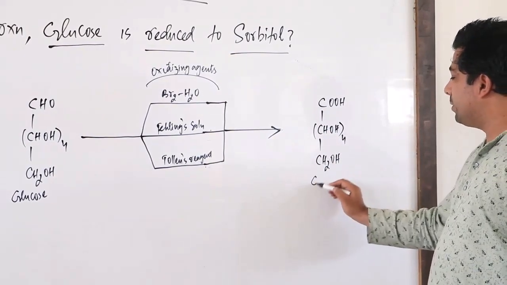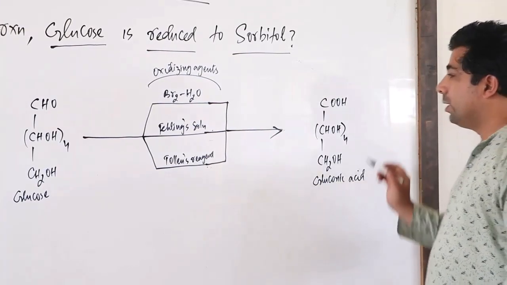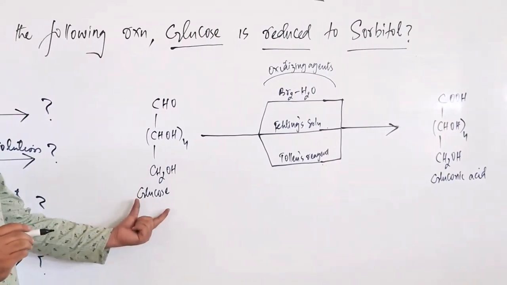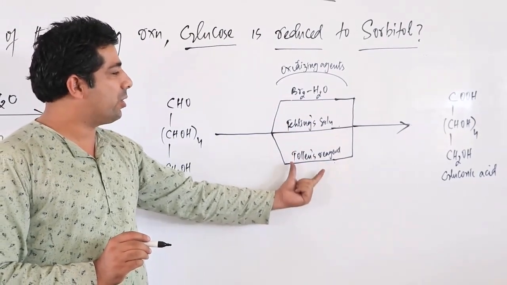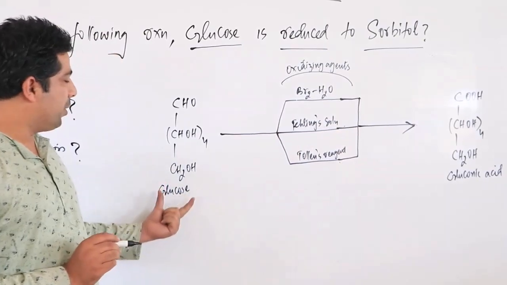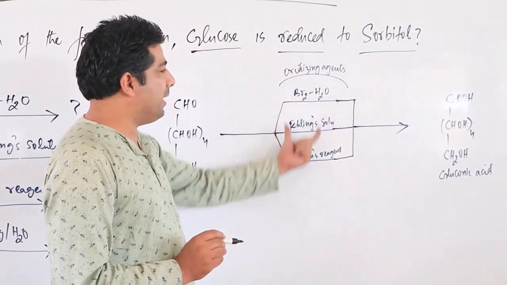This is known as gluconic acid. So in these three reactions, if your glucose molecule is treated with bromine water, Fehling solution or Tollens reagent, these substances will convert your glucose into gluconic acid. So these are oxidizing agents.